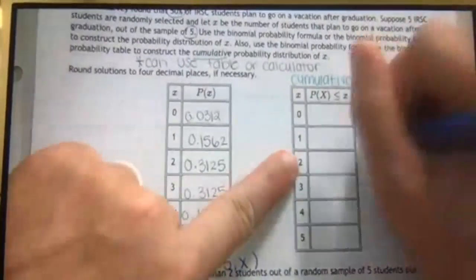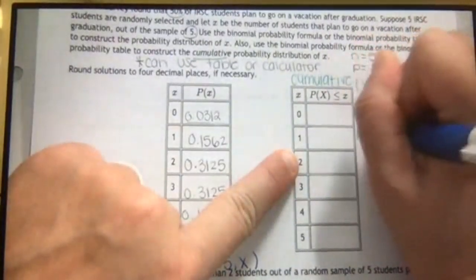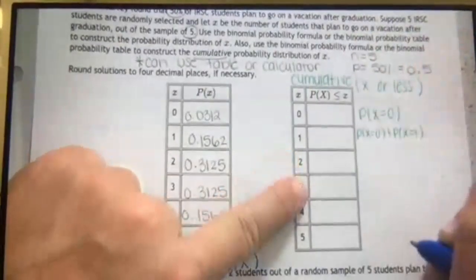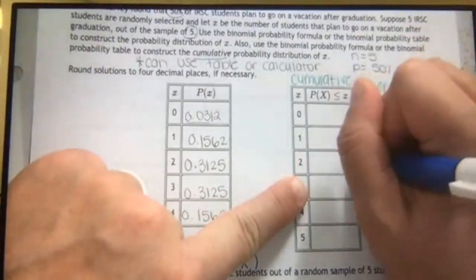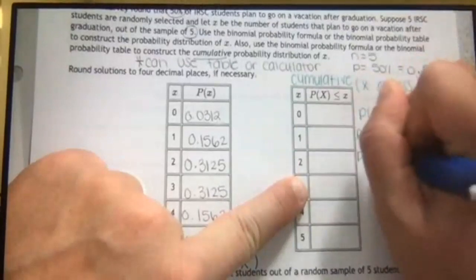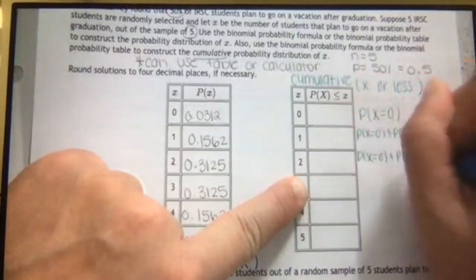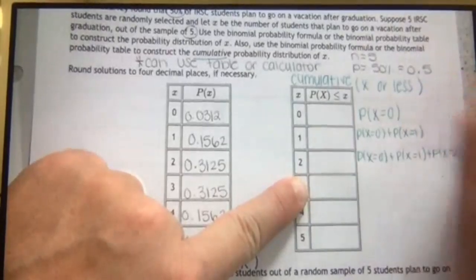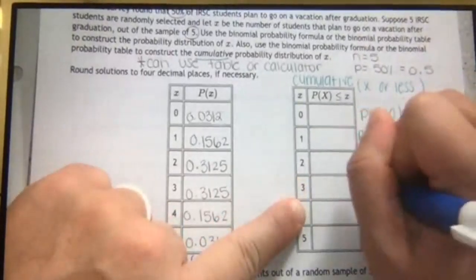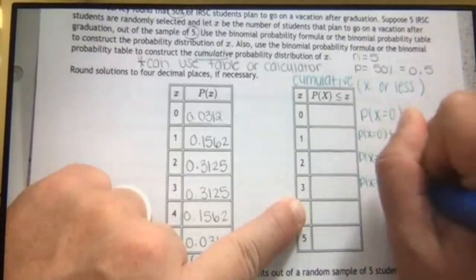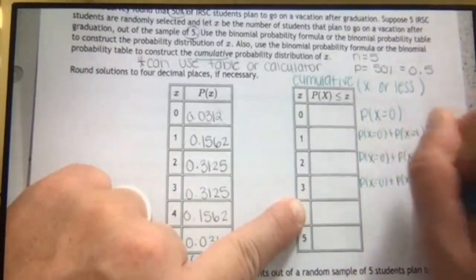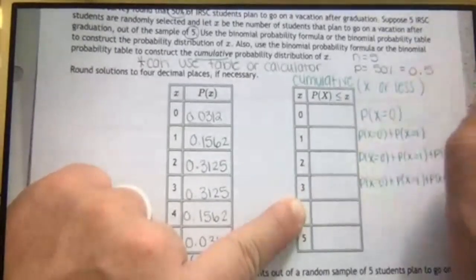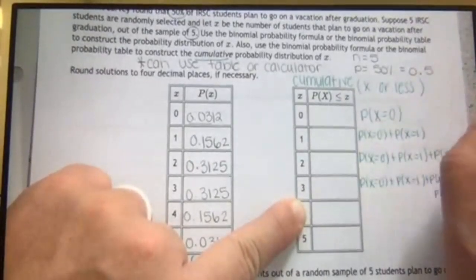When x is 1, it's going to be the probability when x is 0 plus the probability when x is 1. When x is 2, it's the probability when x is 0, plus x is 1, plus x is 2. 3 would be the probability when x is 0, plus 1, plus 2, plus 3.